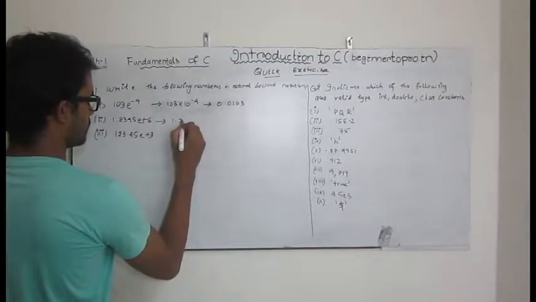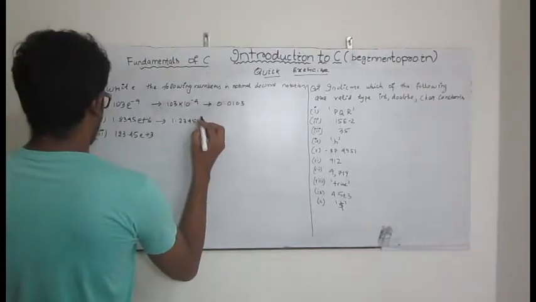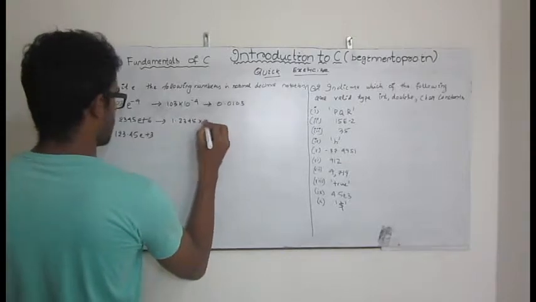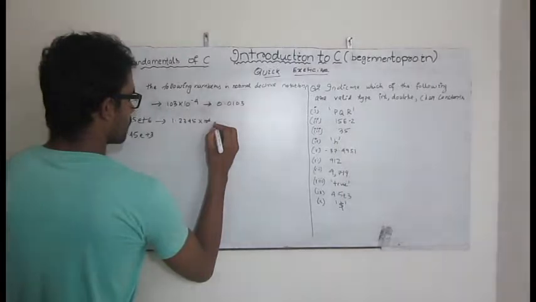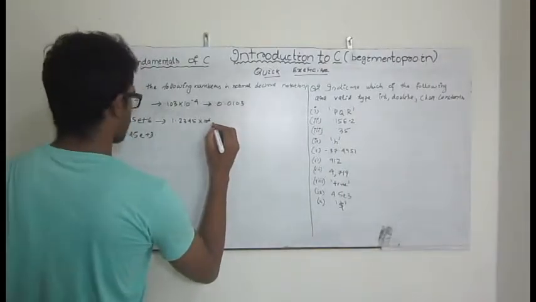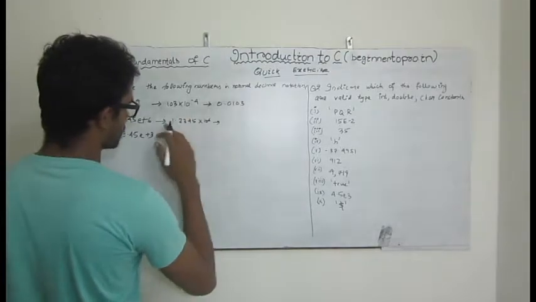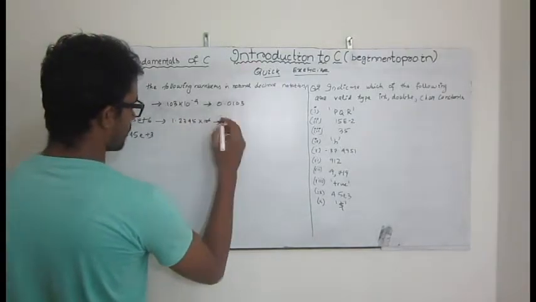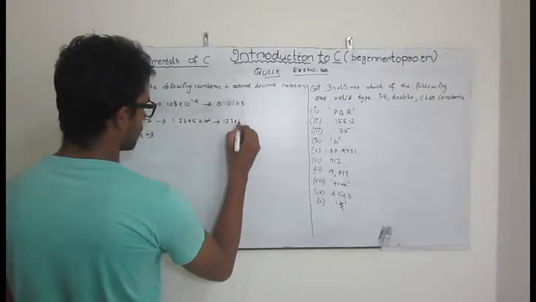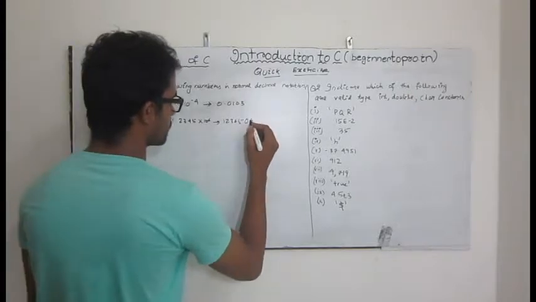What this tells us, into 10 to the power 6 plus 6, it will move towards the right. 1 2 3 4, 1 2 3 4 5 6.